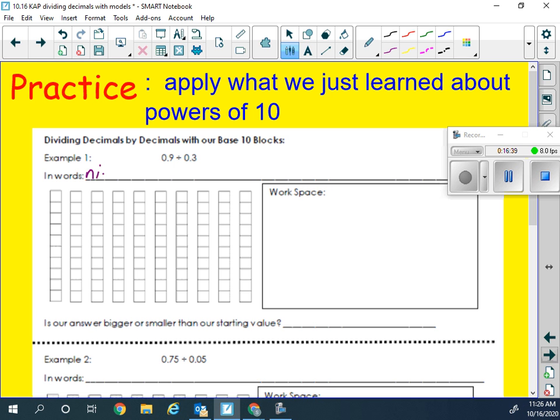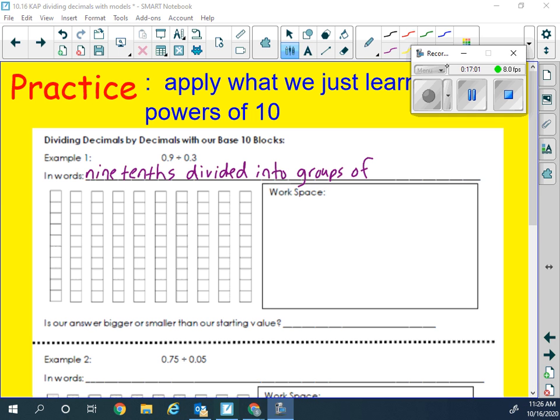There we go. 9/10 divided by 3/10. Divided into groups of 3/10. Guys, we're on the notes that you should have picked up off the back counter.